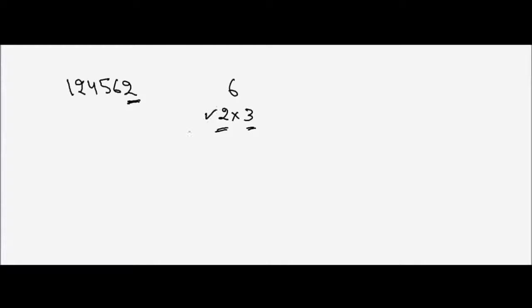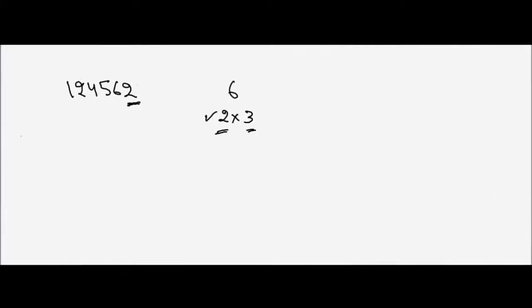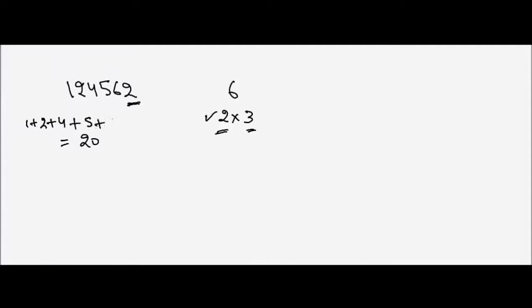But we did the test before and found that the sum of 1 plus 2 plus 4 plus 5 plus 6 plus 2 was 20, and 20 is not divisible by 3.